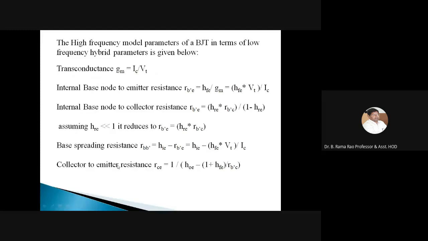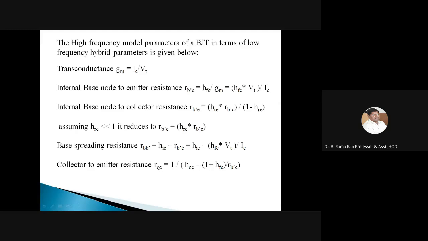Now similarly, the collector emitter resistance RC is nothing but 1 by HO. On the left-hand side are all parameters of the hybrid pi model: GM is the transconductance, RB dash E is the base node to emitter junction resistance, RB dash C is the base to collector resistance, RBB dash is the base spreading resistance, and RC is the collector output resistance.